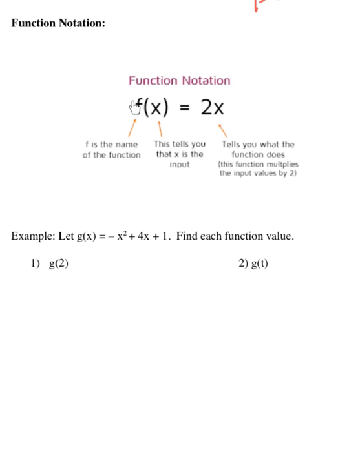Now the total f of x, we often see that written as y. So don't get confused. What I want you to realize here is that when you see y equals f of x, or f of x equals y, f of x and y are the same thing.